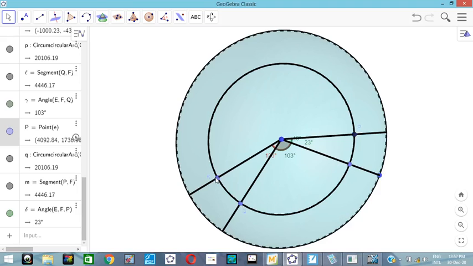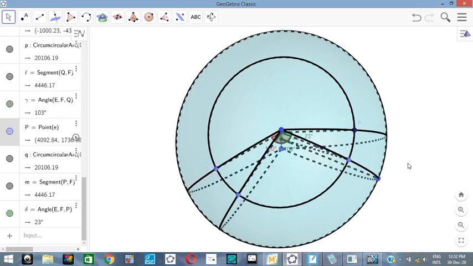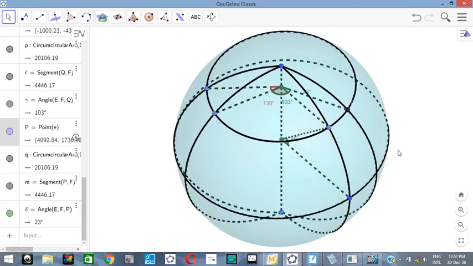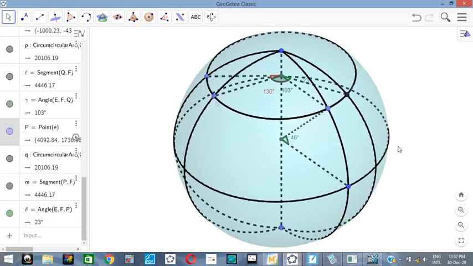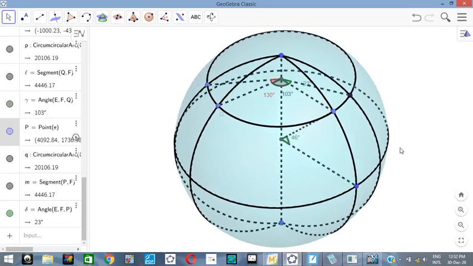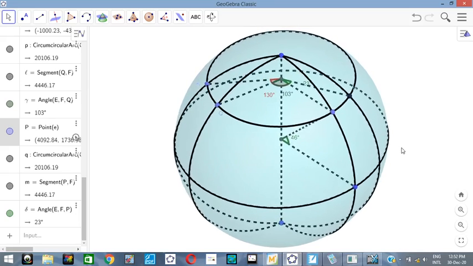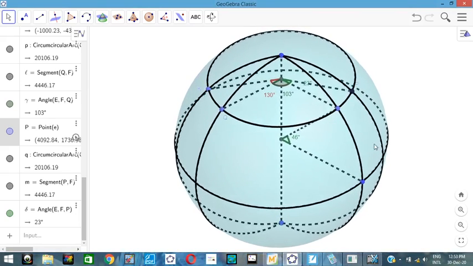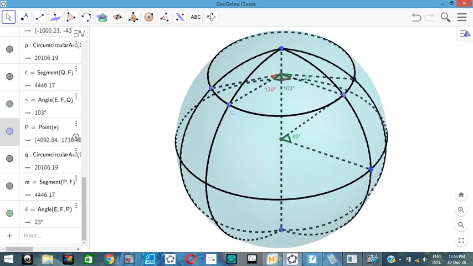Then 0 to K, which is 130 degrees. So this is the solid shape I want you to see. By doing this now, all information is known. Every length they want us to find, if I click on the length, I will get my result. But I cannot do that using this software. Let's go and solve it on our paper.